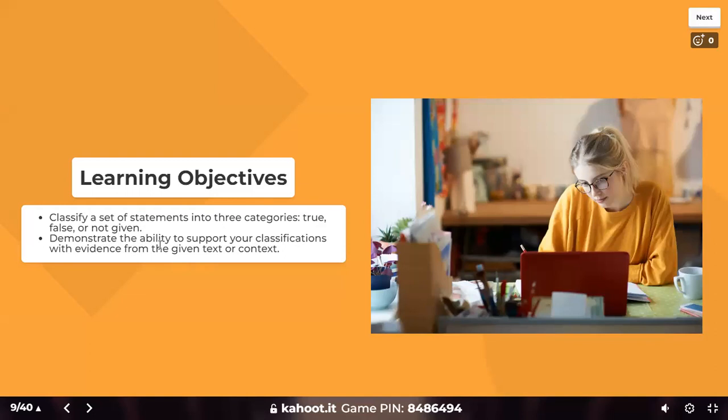Textual evidence is evidence from the text that supports your answer. So you should not choose true, false, not given randomly. If you choose something, you have to tell me why, and that's what we are going to do today, inshallah. And once you acquire the skill, you will feel very confident on test day.